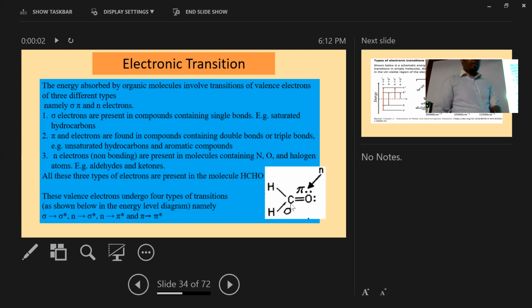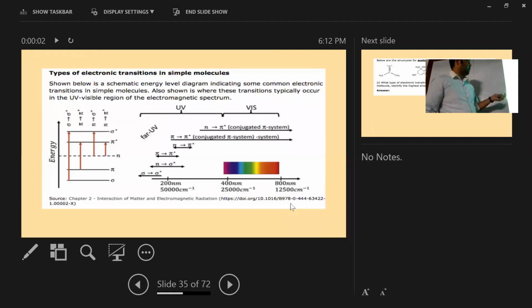So we have mentioned sigma to sigma star, N to sigma star, N to pi star, and pi to pi star. These four types of transition are possible. What I have shown here, sigma to sigma star, pi to pi star, and pi to sigma star are also possible, and then N to sigma star and N to pi star. These types of transitions are possible.